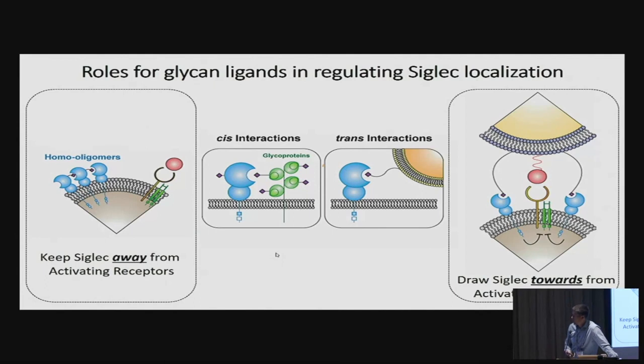So in this paradigm, we can think of cis interactions as keeping away and trans interactions as bringing together. Okay? So one way we think about this is that the cis ligand interactions are keeping the Siglec away so that it can be ligated to its receptor when it needs to. When it needs to. So, when would it need to? That's the big question then.